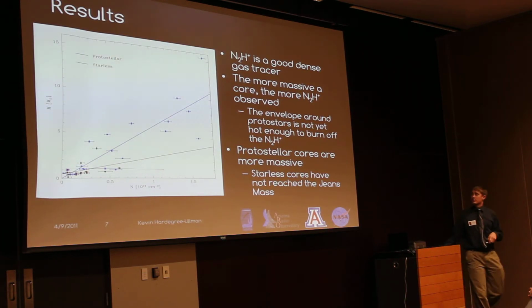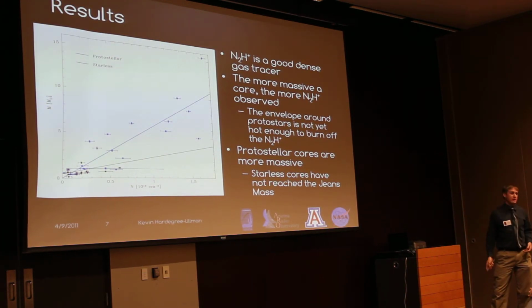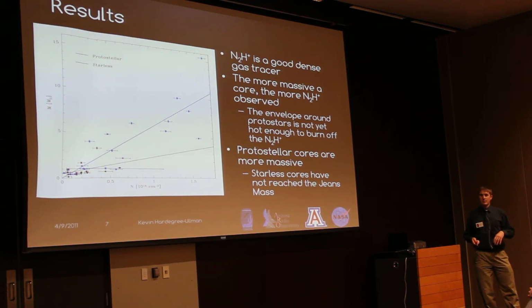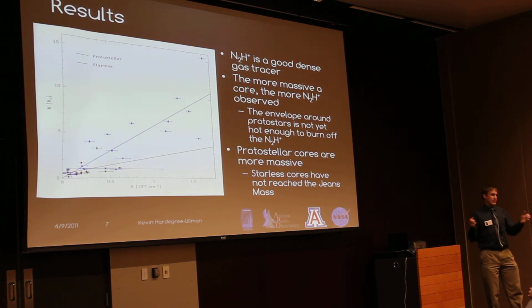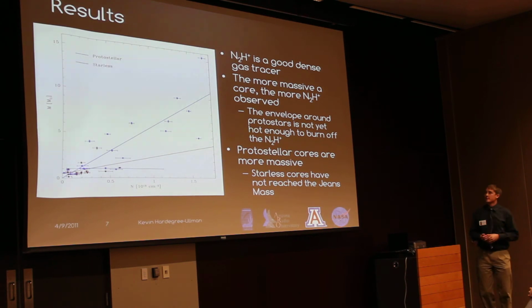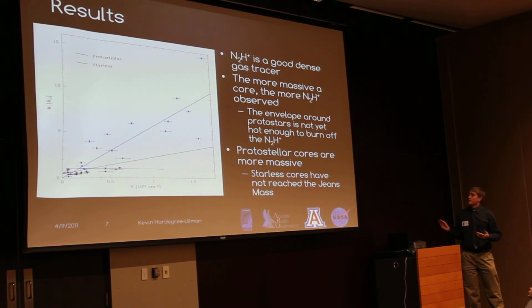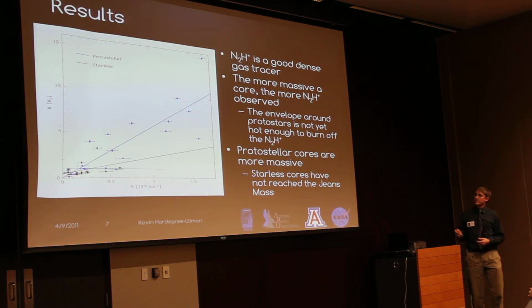For some of our results, we determined that N2H plus is a very dense gas tracer. If you saw the contour maps a few slides ago, you'll see that the N2H plus traces very well the dense gas in these filaments. We determined that the more massive the core, the more N2H plus you can see.